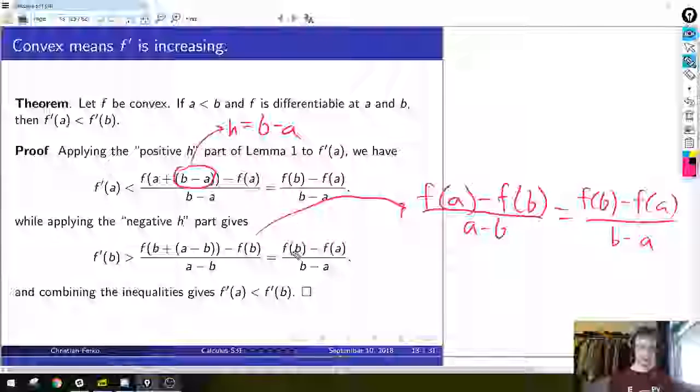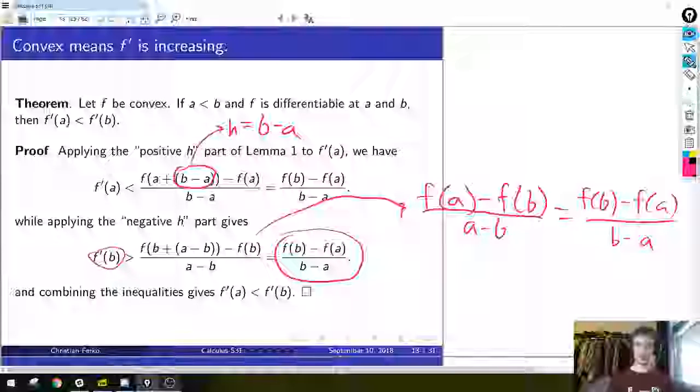Good. So now that clever choice allows us to conclude that f prime of a is less than f prime of b, because f prime of a is less than this number, but f prime of b is greater than that same number. So we have a chain of inequalities. F prime of a is less than the secant line slope, which in turn is less than f prime of b.